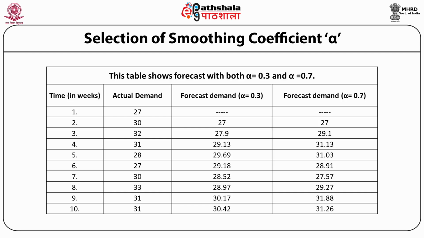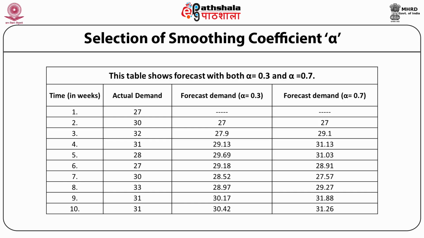For week 10, by taking alpha as 70%, the forecasted demand was 31.26 units. By using this illustration, we wanted to understand the concept of which alpha to be taken. Should we take alpha as a low value of 30% or alpha of a high value of 70%?